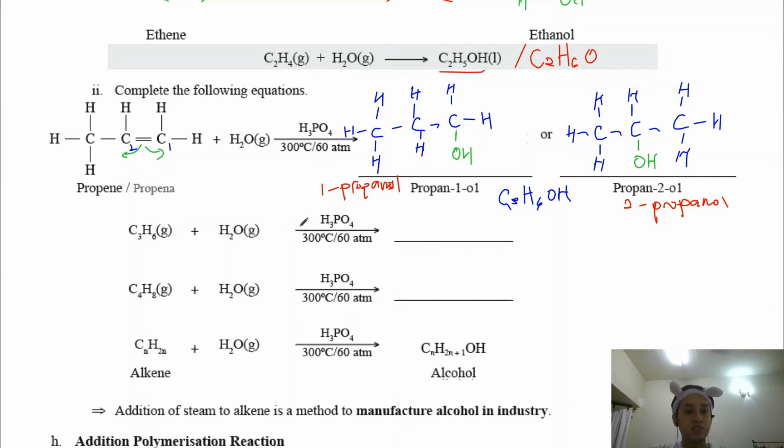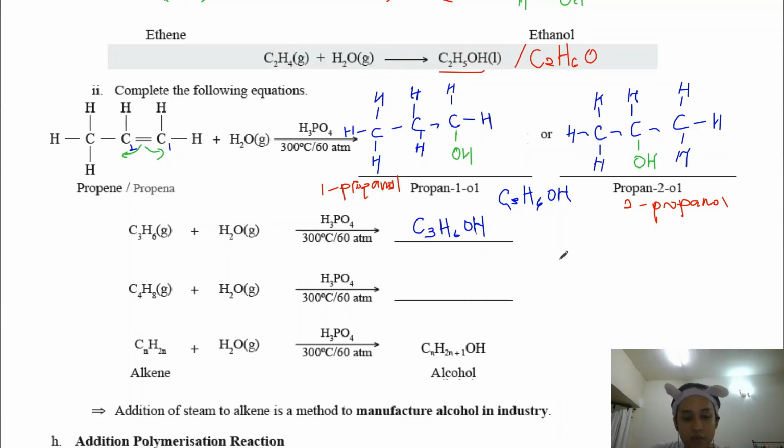So C3H6, this one we only write the molecular formula. So C3H7OH. Let me check, 1, 2, 3, 4, 5, 6, 7.